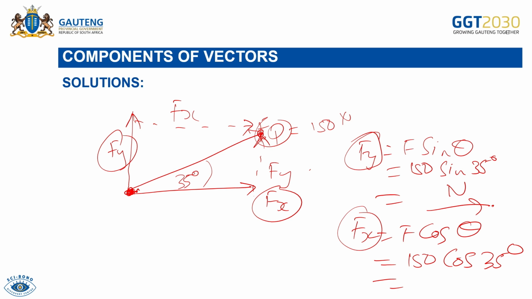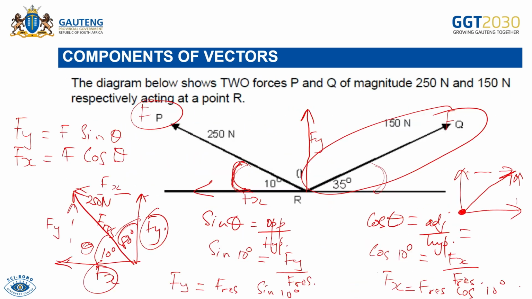Okay? Then from here, you can see that you have your Fy and Fx for Q. You have Fy and Fx for P, right? So in total, how many components are you having now? There are 4. All right? So here, you're having these 2 forces acting on this object, and you want their resultant.